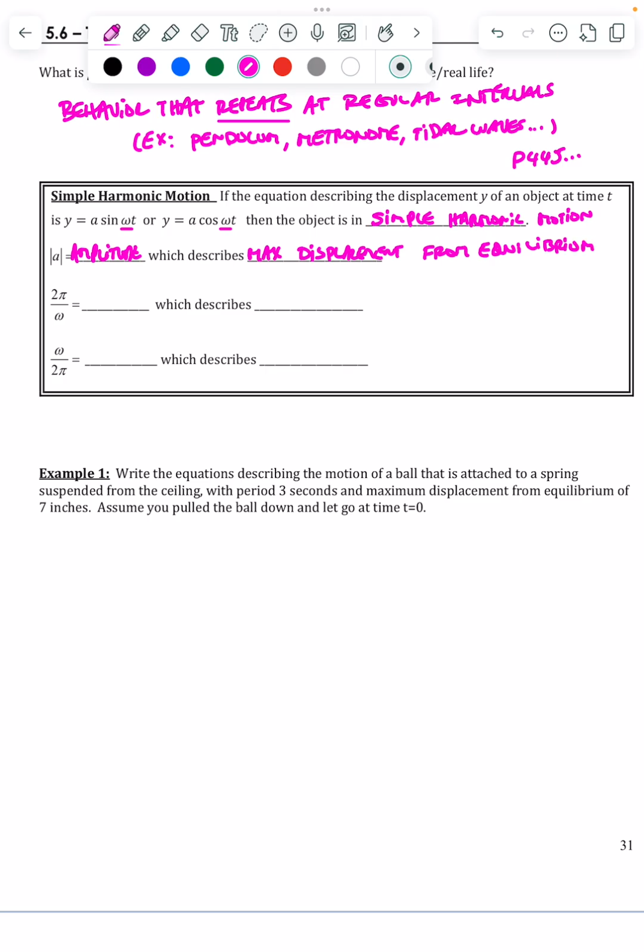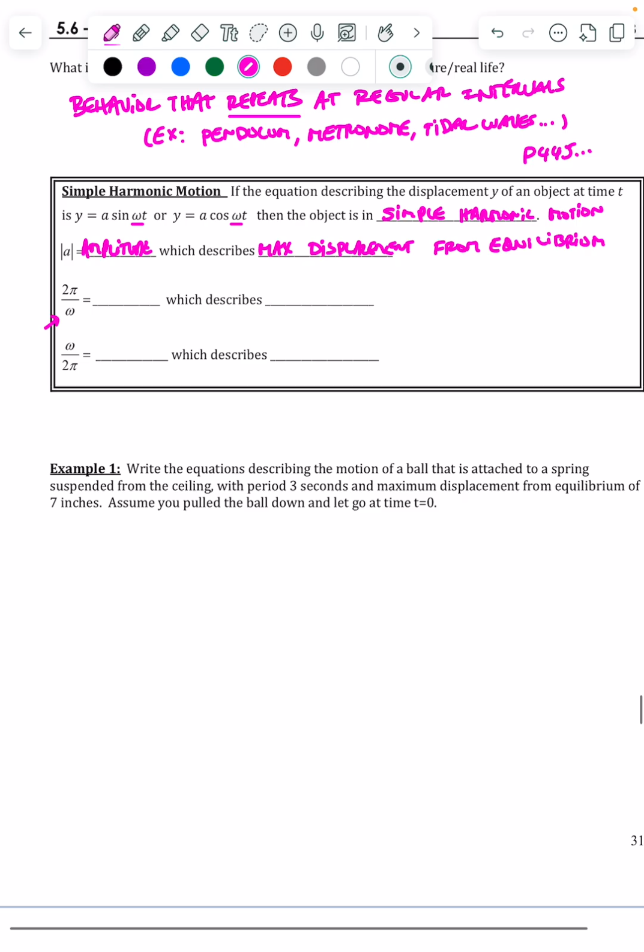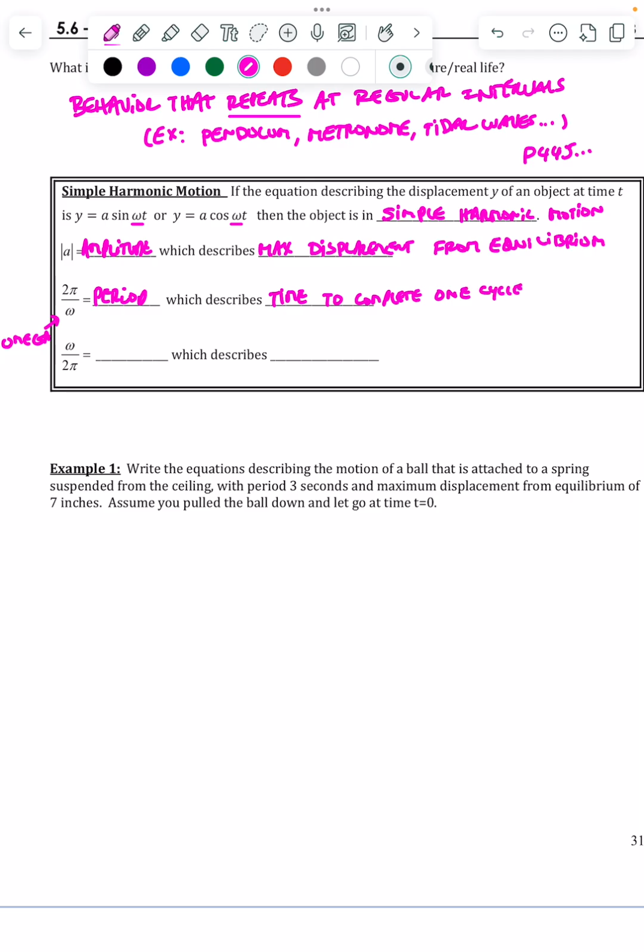And 2 pi over omega, again this is the Greek letter omega, is the period, which is basically the time it takes to complete one cycle. That's what a period is.